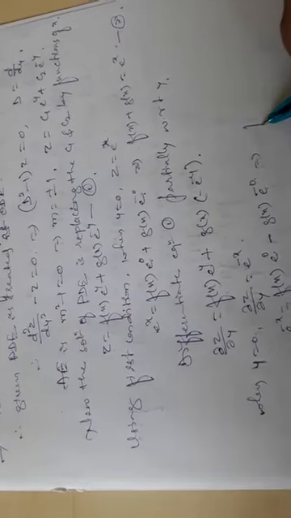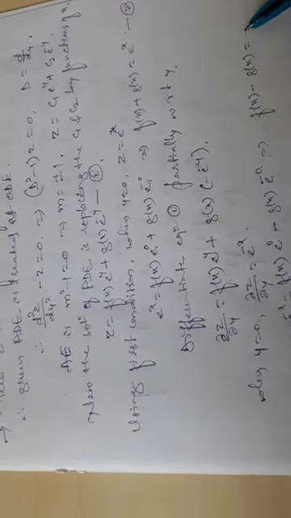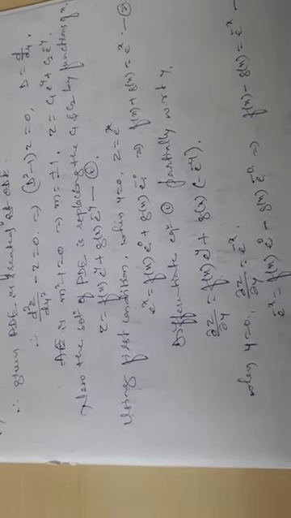Therefore, f(x) − g(x) = e^(-x). Call this equation number 3.